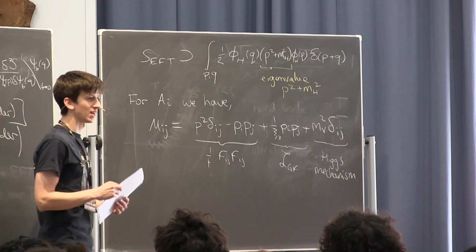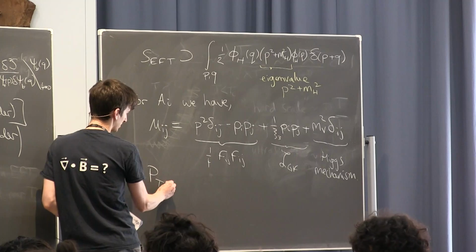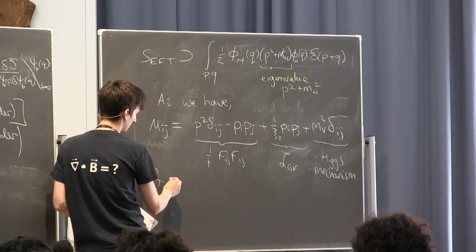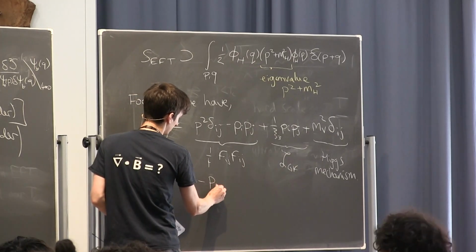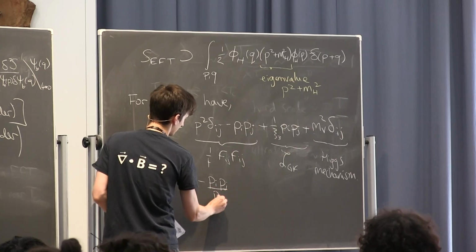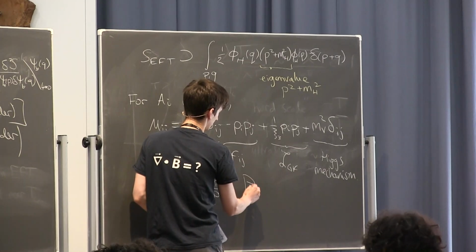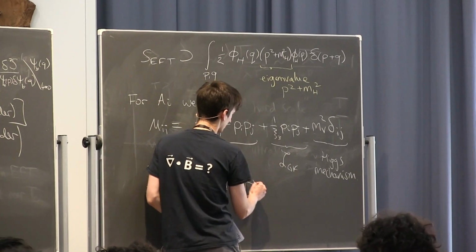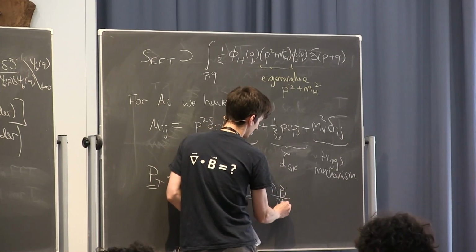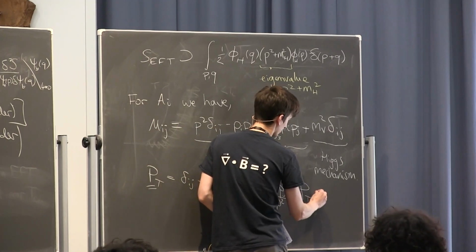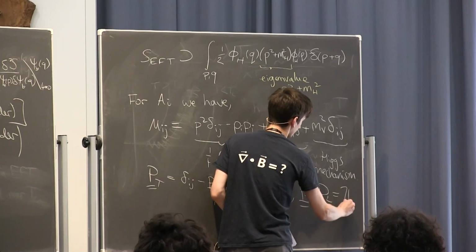In order to proceed with this determinant, a helpful thing to do is to recognize that we have some projection operators. There's a transverse projection operator, which is delta_ij minus p_i p_j over p squared. And there's a longitudinal projection operator, which is p_i p_j over p squared. And the sum of these two projection operators is 1.